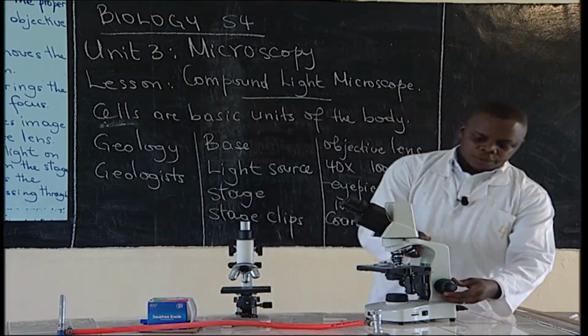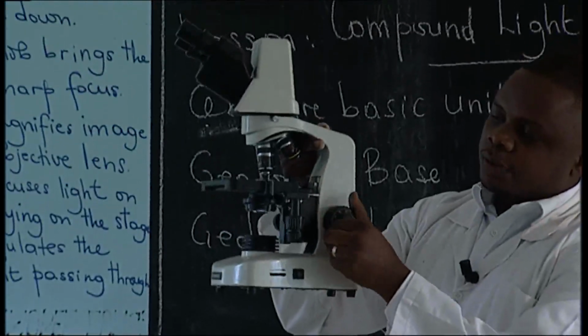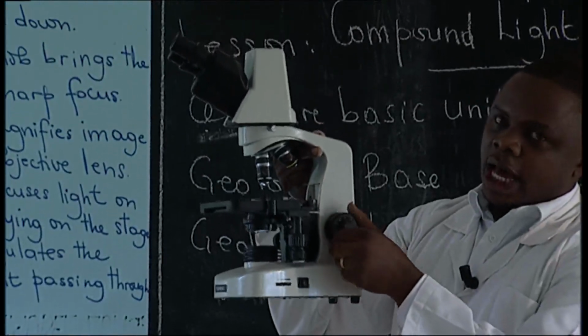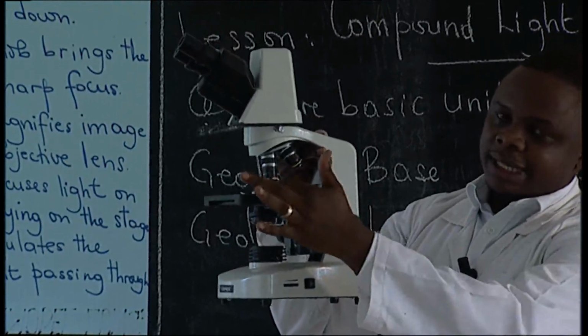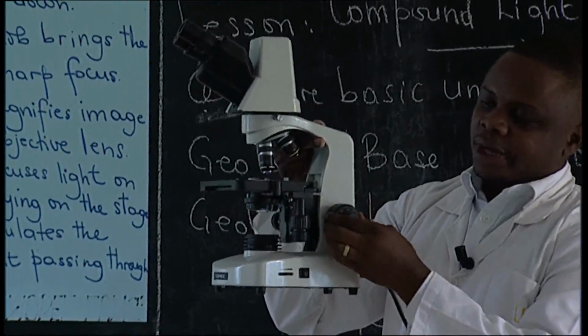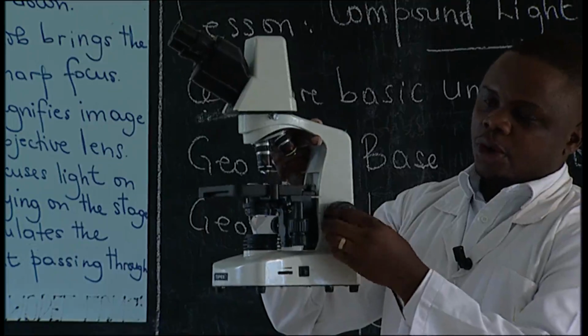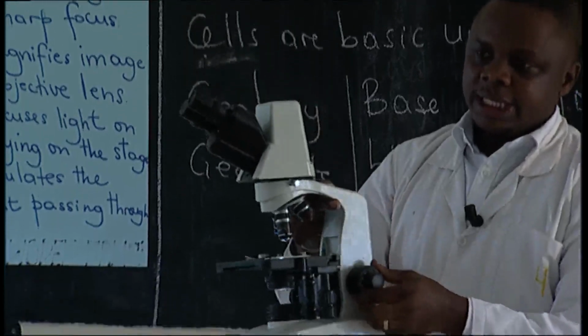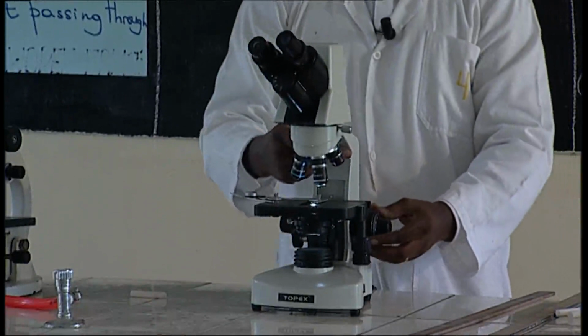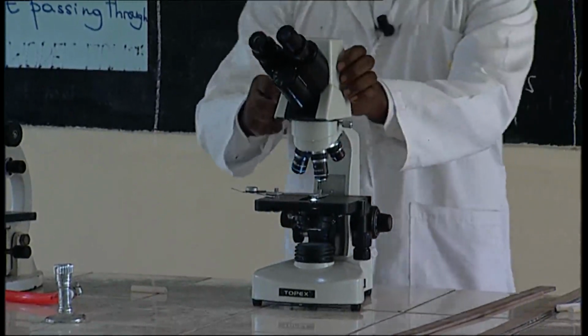And the function of the coarse focus knob is to move the stage up and down. You can see this is our stage. It is going up. It can also go down. That is the function of the coarse focus knob.